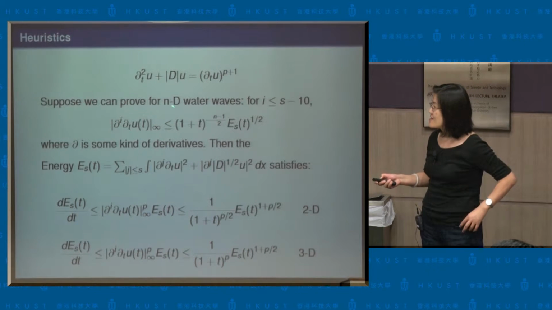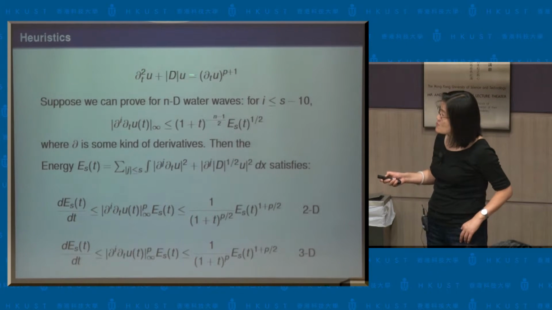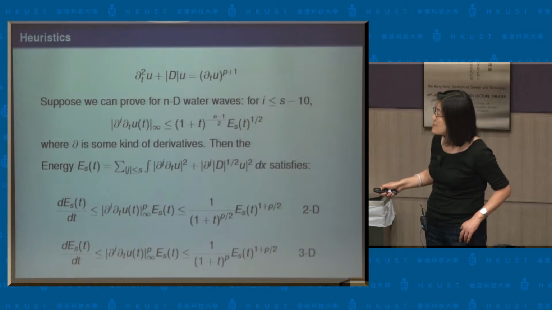So you multiply by dTu on both sides of the equation and integrate, and you will find that the left-hand side gives you the derivative of the energy, dE/dt. On the right-hand side, I take out dTu to the power p, and I keep the energy.